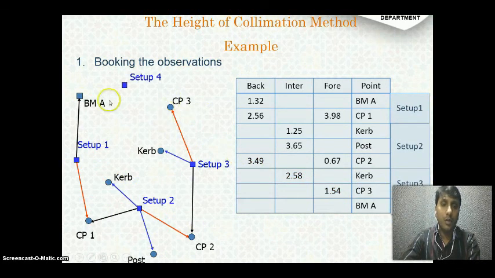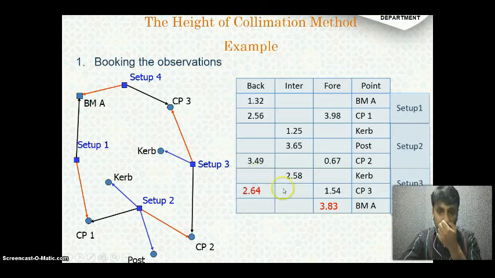Setup 4. Once you set up 4, you need to look back to CP3, which is backside. Look back to CP3 means again it's backside. You can see the backside reading here. And finally, it ended at benchmark A. Again it is foresight.